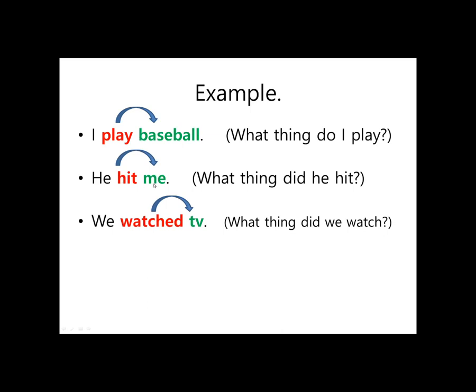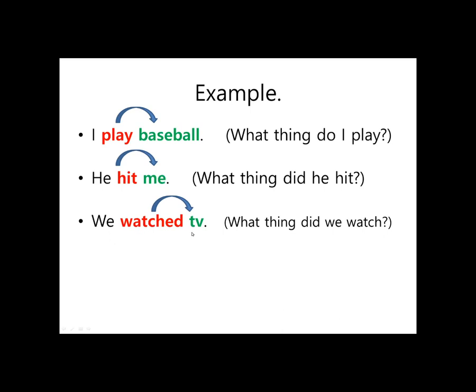He hit me. This is the action, the transitive verb, and this is the object, me. What thing did he hit? He hit me. We watched TV.